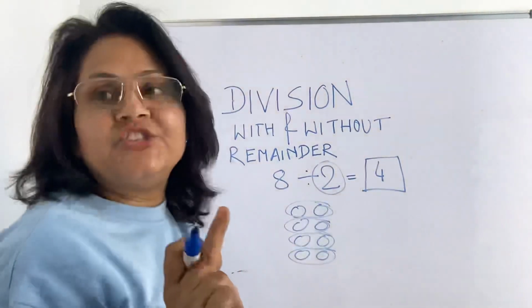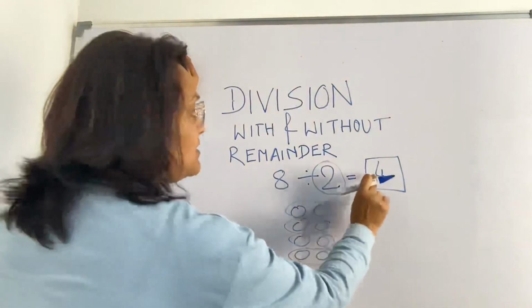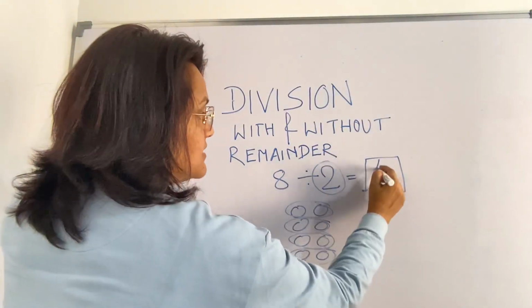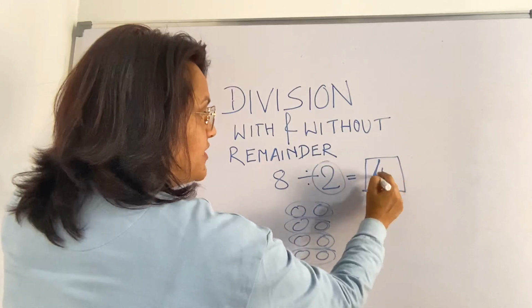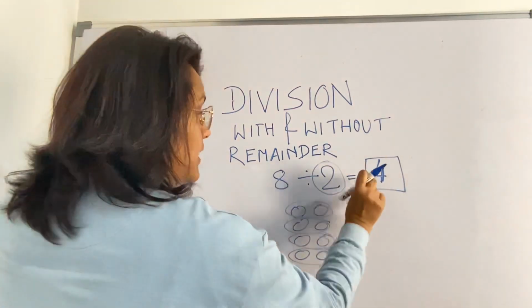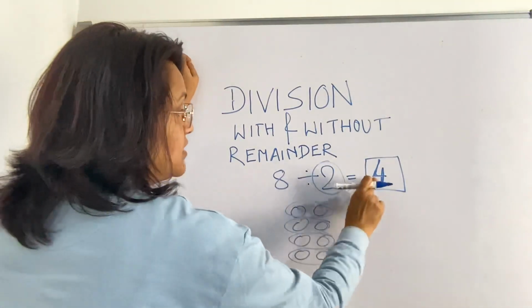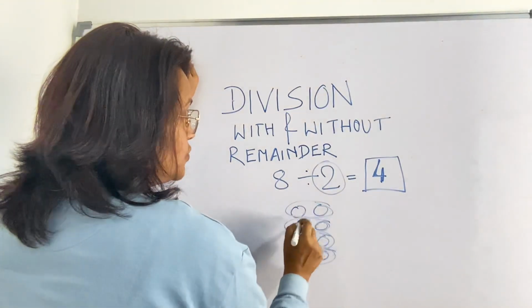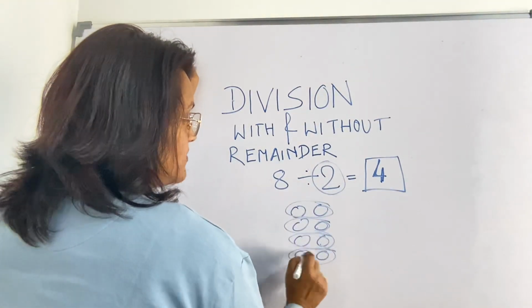We have to make the child understand why this is 4, because the total number is 1, 2, 3, 4, 5, 6, 7, 8.